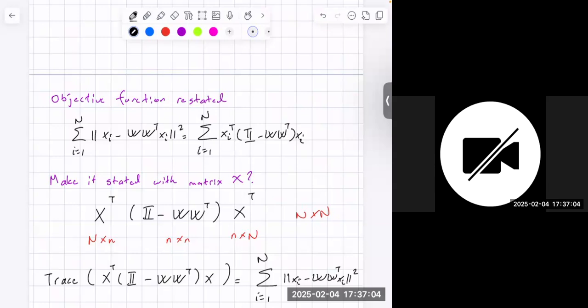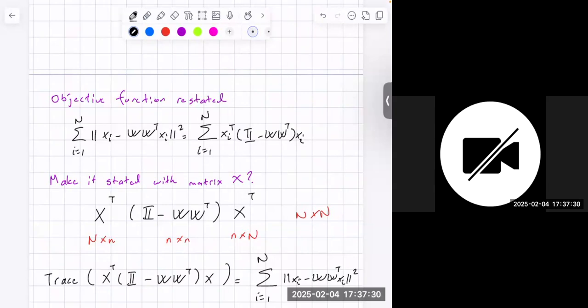Now, if I could phrase this objective function in terms of my data matrix, when I stack all the data into a matrix, maybe then I'll understand. It turns out, if this is your data matrix, capital N many data, they all have n coordinates.